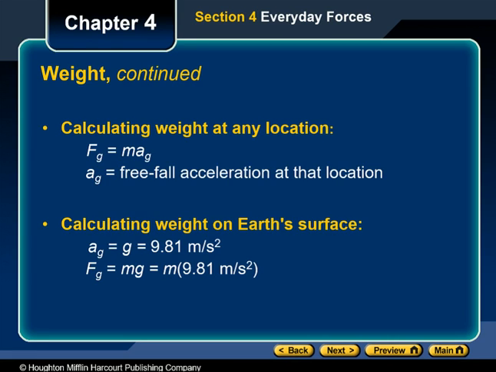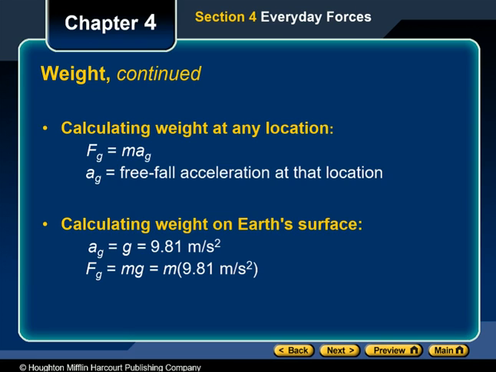The gravitational force exerted on the ball by Earth, represented as F_g, is a vector quantity directed toward the center of Earth. The magnitude of this force, F_g, is a scalar quantity called weight. The weight of an object can be calculated by using the equation F_g = m a_g, where a_g is the magnitude of the acceleration due to gravity, or free fall acceleration.